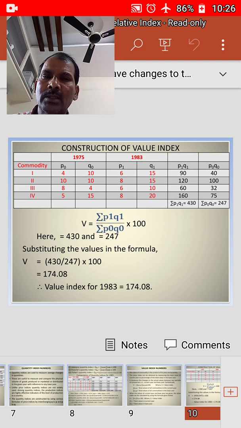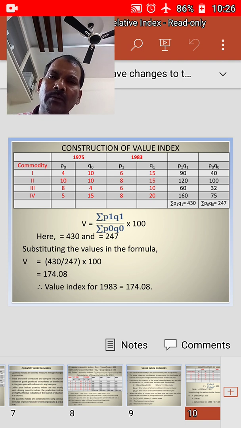The base year prices are indicated with P0 and the quantities with Q0, and current year prices are indicated with P1 and quantities with Q1. Now, as we require value index, we need to multiply current year quantities with current year prices and base year quantities with base year prices, right?